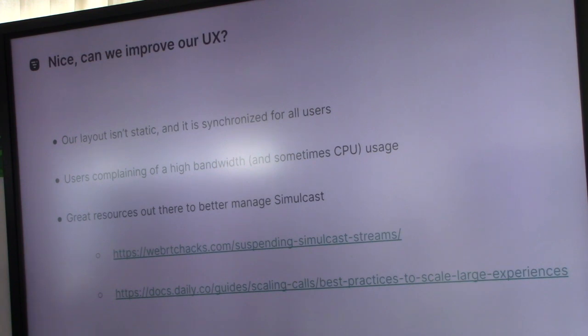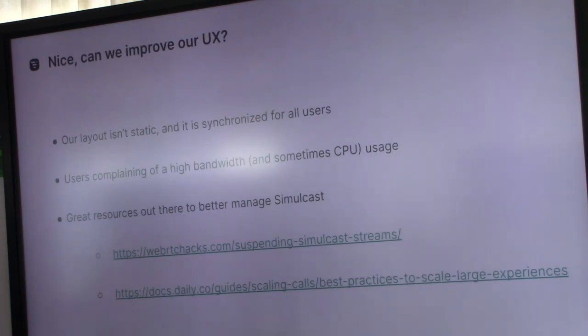We have people who maximize their streams, so we can see them in a large view, and you have only one stream that can be maximized. The others would be minimized then. So it doesn't really make sense in that case to have all those video qualities being sent. And because of that, we also had users complaining of a high bandwidth usage sometimes, and sometimes CPU as well.